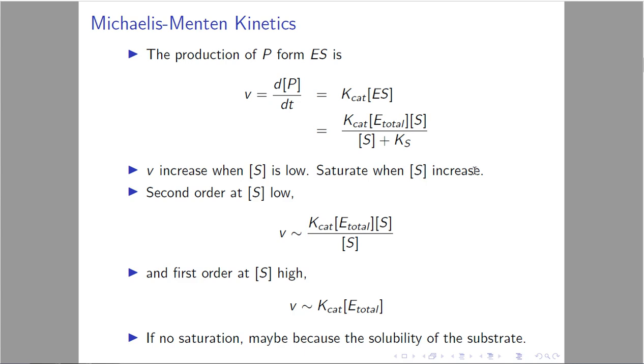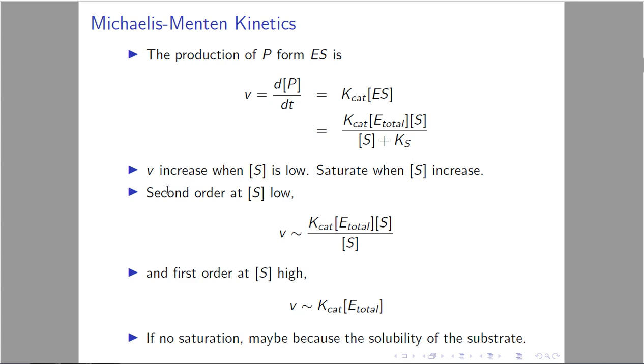When S is low, there will be more reaction. When S is high, with a lot of substrate, only the total number of enzyme can react with the substrate, so it will be slow.